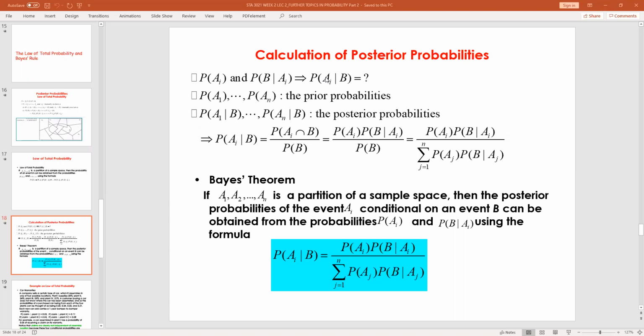What do I mean by the likelihood of the evidence? I want to update my prior belief, and what do I want to use to update it? I want to use the evidence that we got from the crime scene.